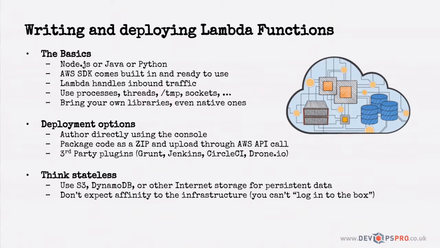You can upload the zip file through the console, which is highly not recommended. There should be an automated process that does testing first. So usually what I do is post the zip to the Amazon API. If it's a big zip, you need to upload it to S3 first, and then Lambda takes it from there and deploys your application. Now, the deployment process in Lambda can take time depending on the load, on the scale that you have.